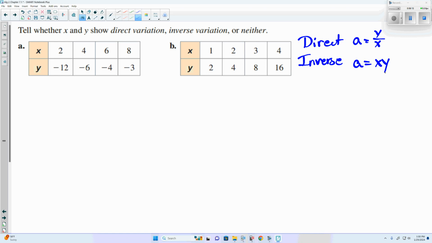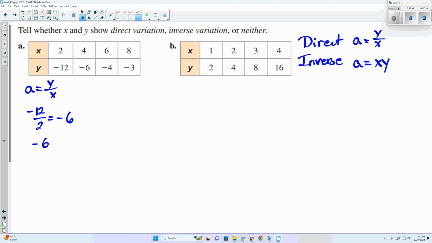So if we look at the first one here, we can go to direct first. A is equal to y over x. We take each x and y, so negative 12 over 2, divide them and see what we get. Negative 12 divided by 2 is negative 6.